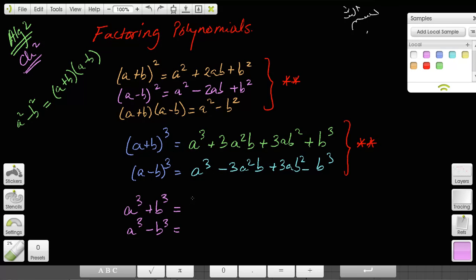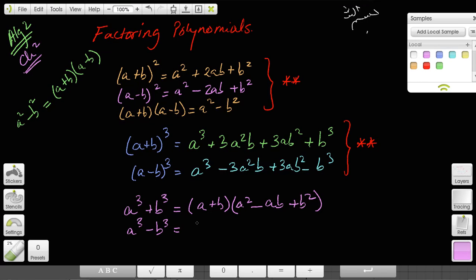So the sum of two cubes factors as a plus b times a squared minus ab plus b squared. There better be a minus somewhere, right? Because, you know, how are you going to get rid of some terms, right? So there has to be a minus there. This is a new formula for you today.